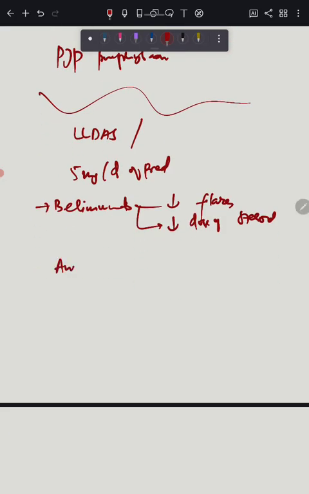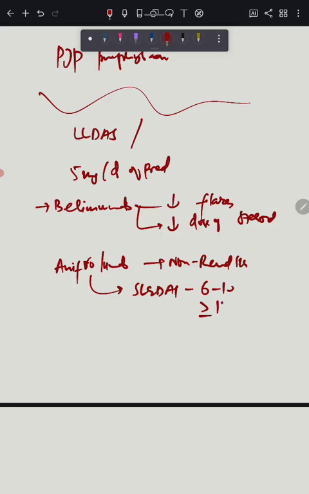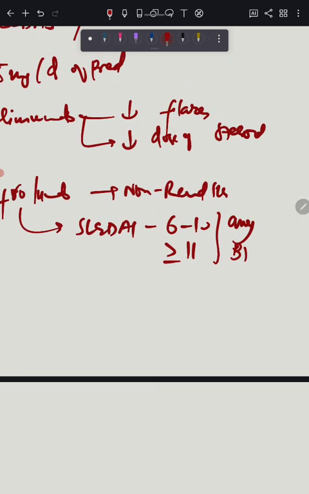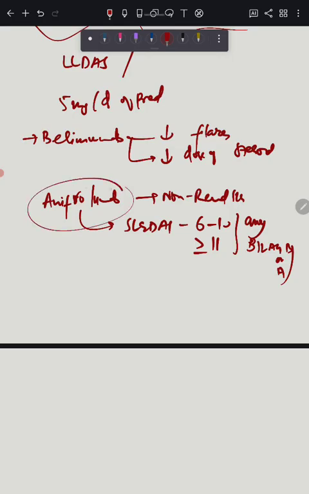So this drug, anifrolumab, is to be given for non-renal SLE but for moderate to severe, that is SLEDAI score of 6 to 10 or any BILAG B, or SLEDAI greater than or equal to 11 or any BILAG A, with appropriate symptom complex, which is refractory to standard treatment.